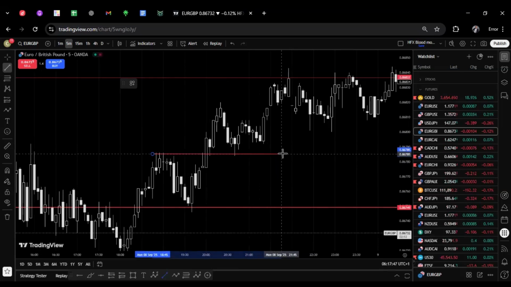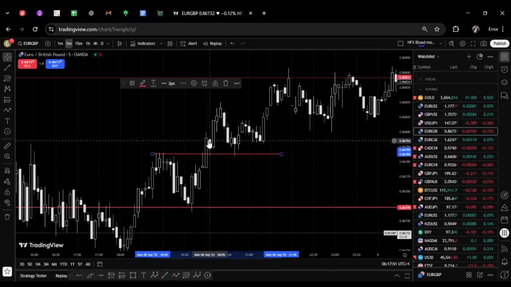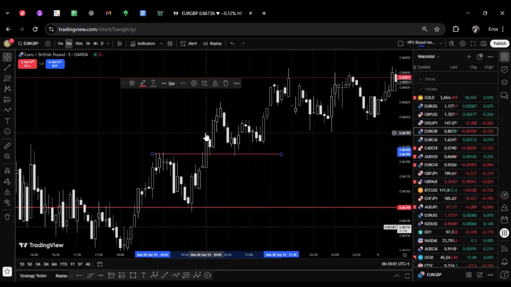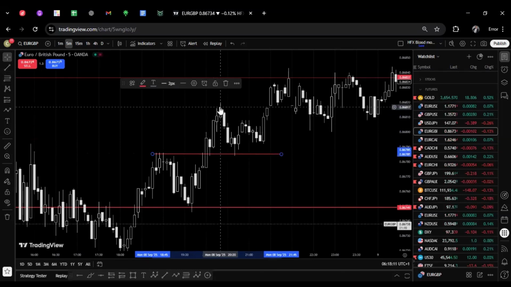Just mark it. Now, once this area has been broken, your target is to take any trade that drops on this zone after it has been broken. And what happened after the first 5 minutes candle? The next candle that dropped here, boom, 15 minutes, 5, 10, 15, it cleared your trade.